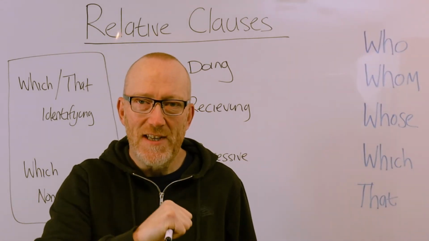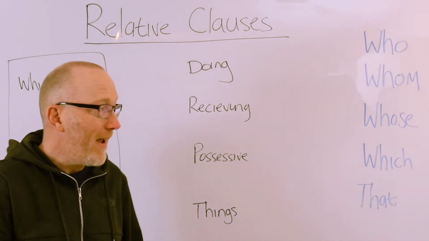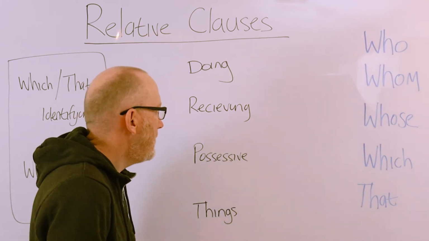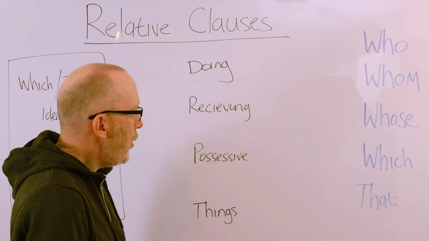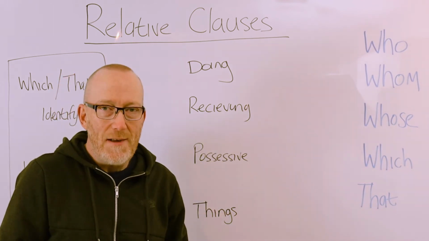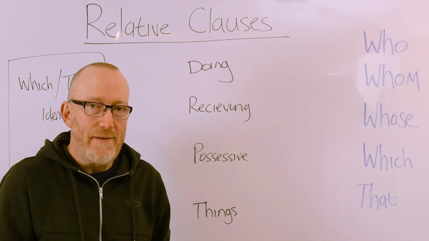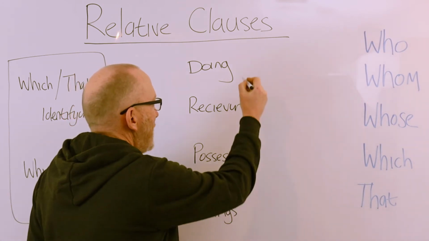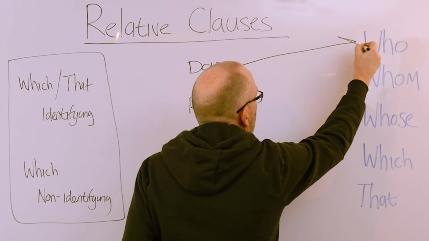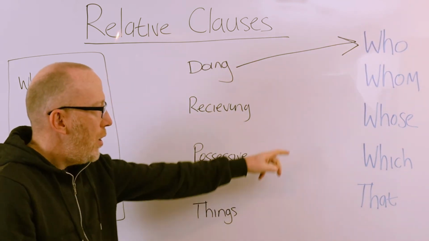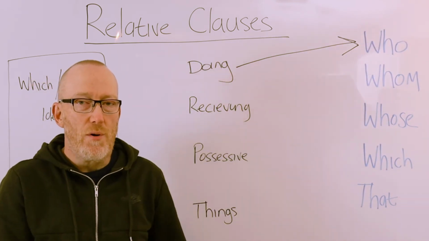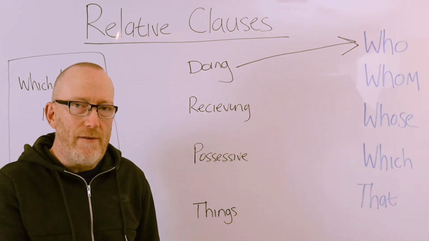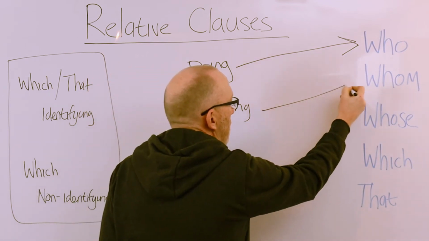Right, now just before we finish this lesson, I just want to clarify exactly what we use these relative pronouns to identify. So, who is the relative pronoun that we use to identify the person who is doing or performing the action. Whom is a relative pronoun we use to identify whoever is receiving the action.